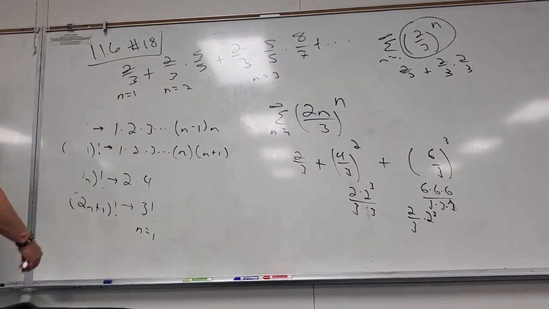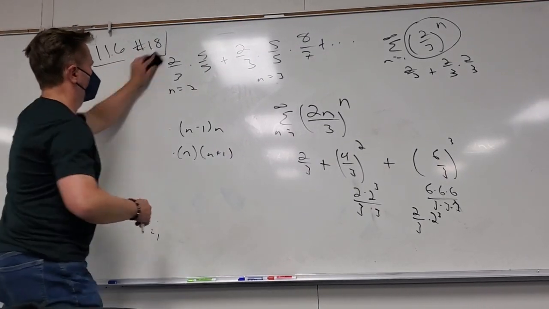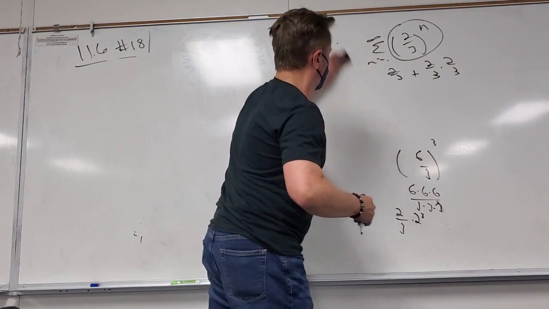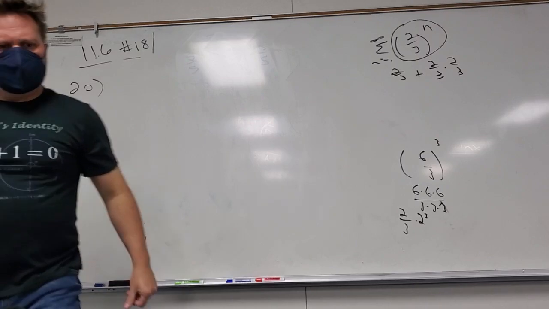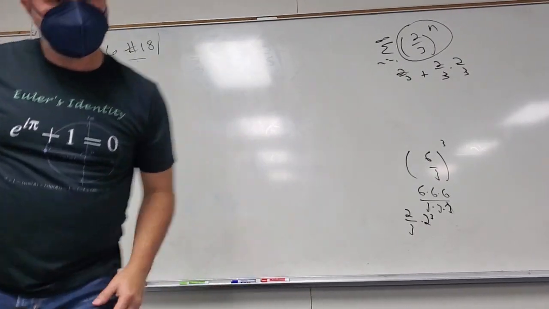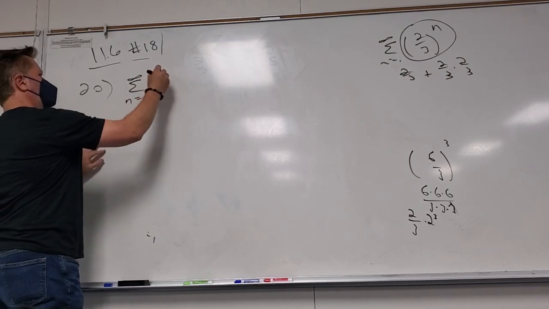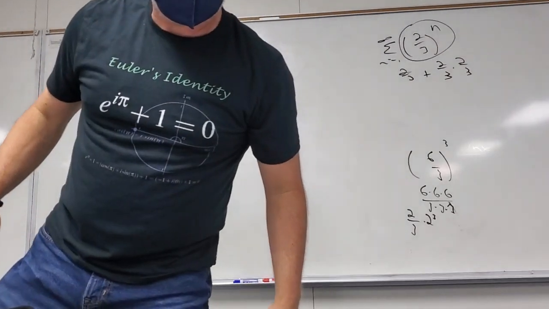Here, let's do number 20 together, and then I'll show you how that applies to this. Here we go. Okay. Because actually, you don't even need to be able to write it in closed form. So let me show you.